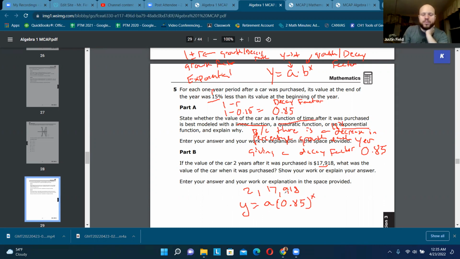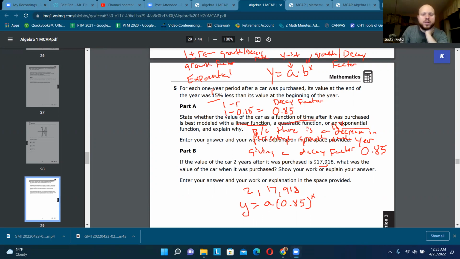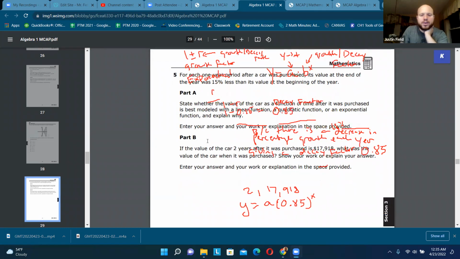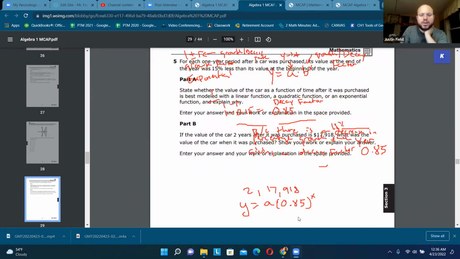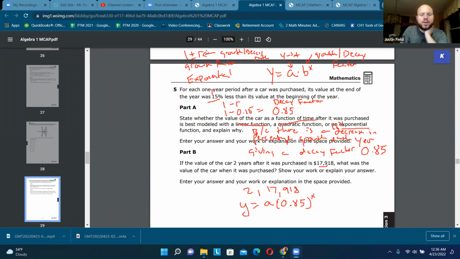And so in this case, we can substitute 2 and 17,918 into this formula.